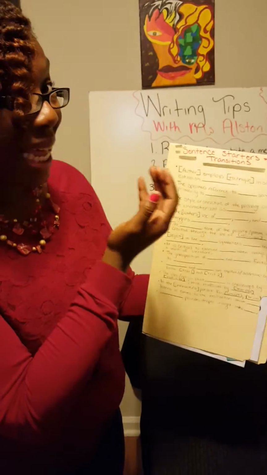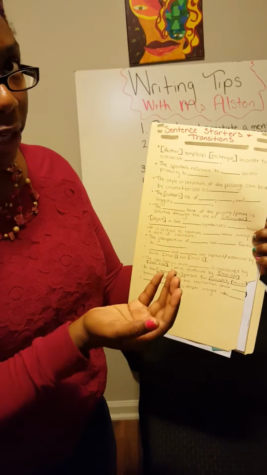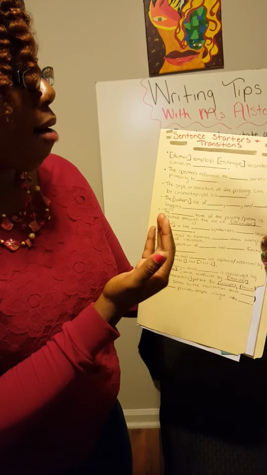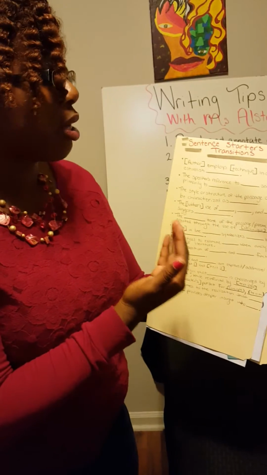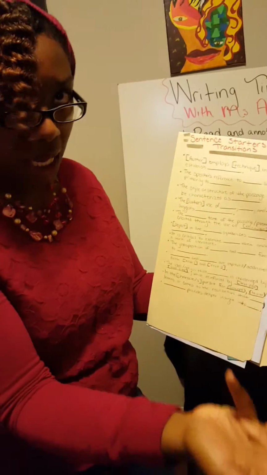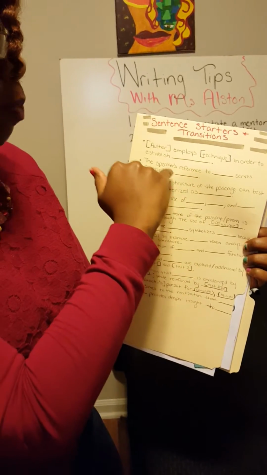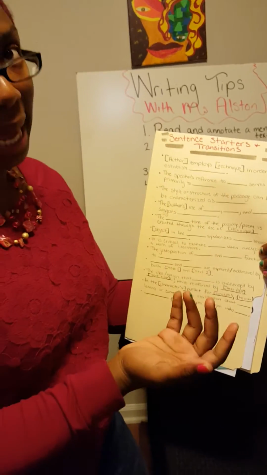Author employs blank technique in order to establish blank. So for example, Shakespeare employs metaphors in order to establish that Lady Macbeth views Macbeth as weak. The speaker's reference to blank serves primarily to blank.